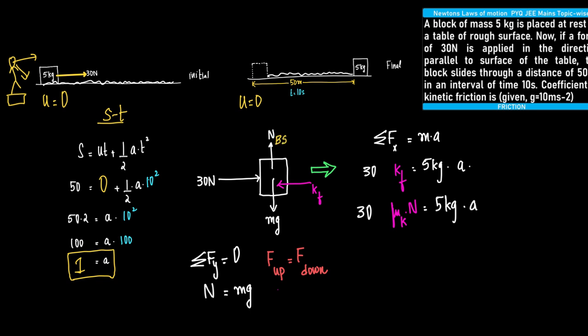There is one other force, 30 Newton, which is acting parallel, and since it is moving on a rough surface, we know that the force of friction would act opposing the force which is causing the motion.